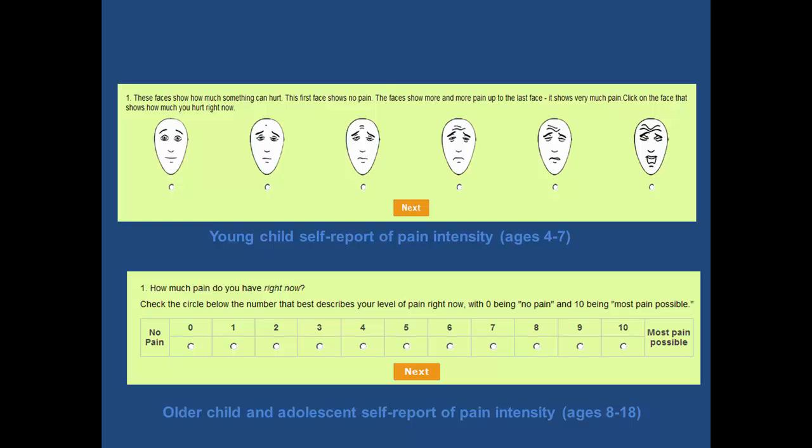You can see that the far left symbolizes no pain, and the far right the most severe, or the severest pain that you can experience. And then there's the older child and adolescent report using a numerical pain rating scale.